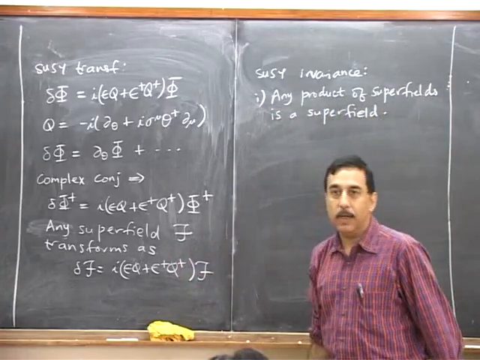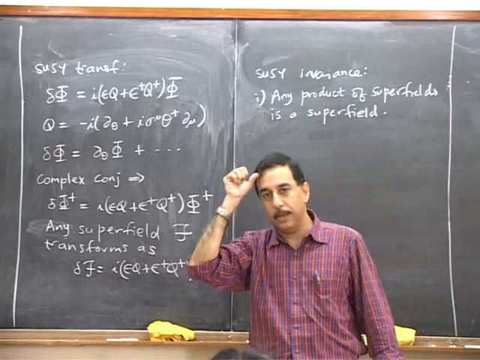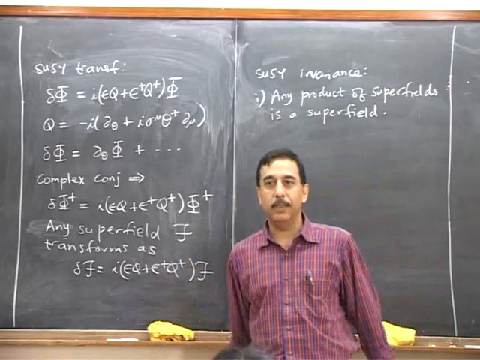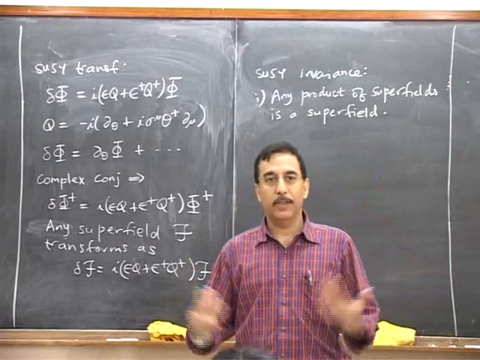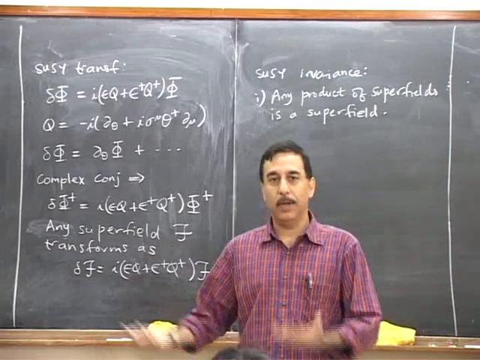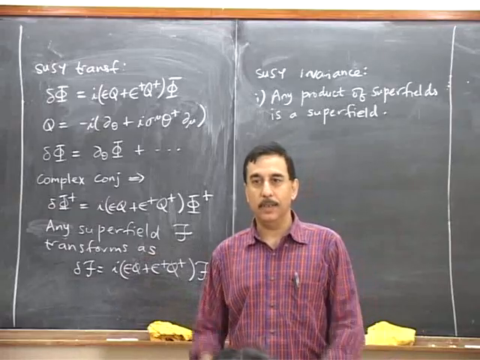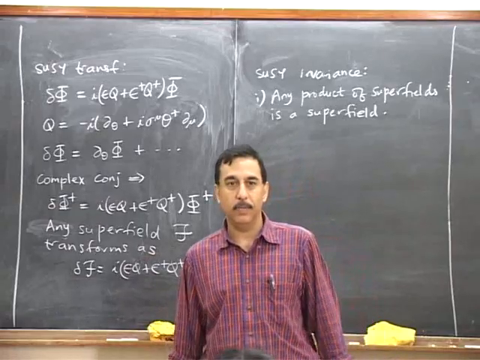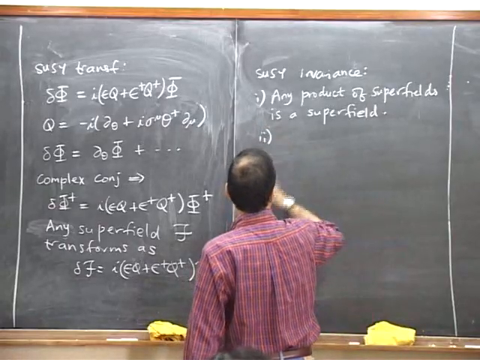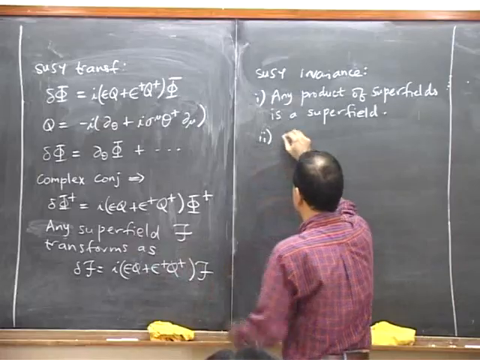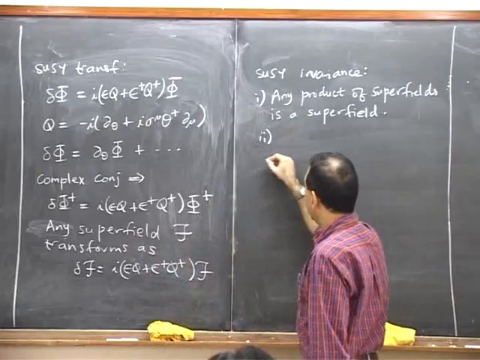That's obvious because we started by defining superfields saying that they are an expansion in theta and theta dagger. If we don't put any constraints on them, of course, some function of x, theta and theta dagger, if I multiply with another function of the same variables, the result can only be a function of the same variables. Okay, but more particularly, any superfield transforms this way. This we've already said.